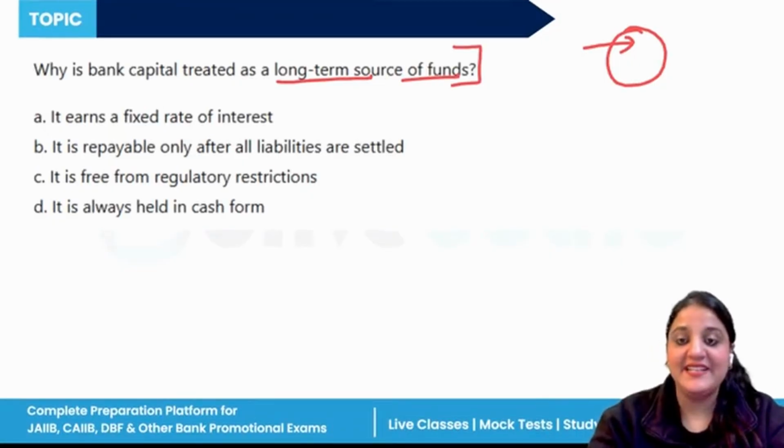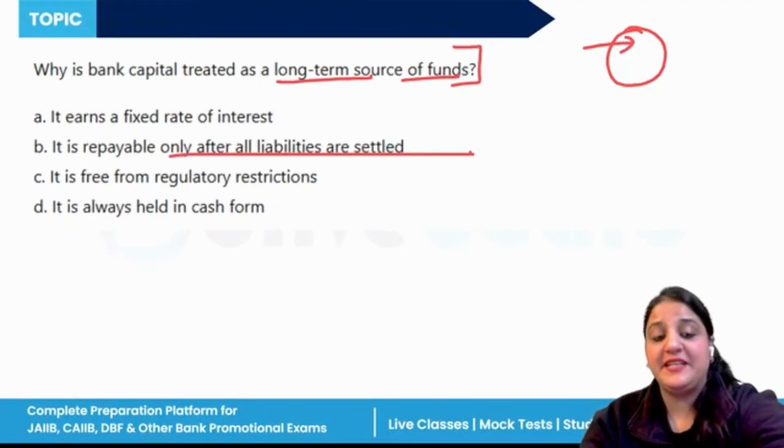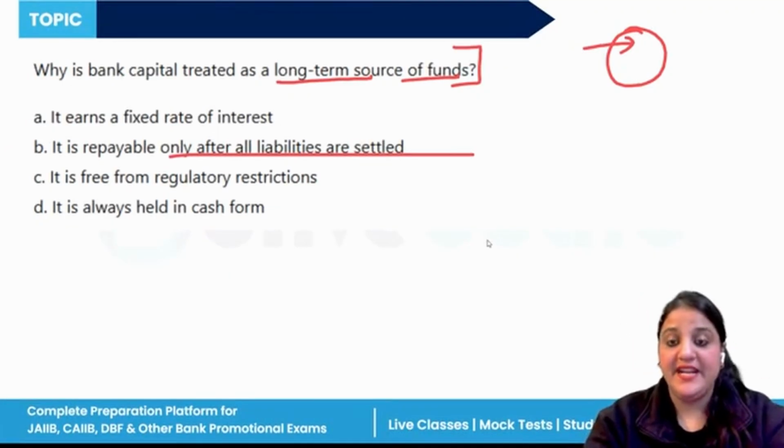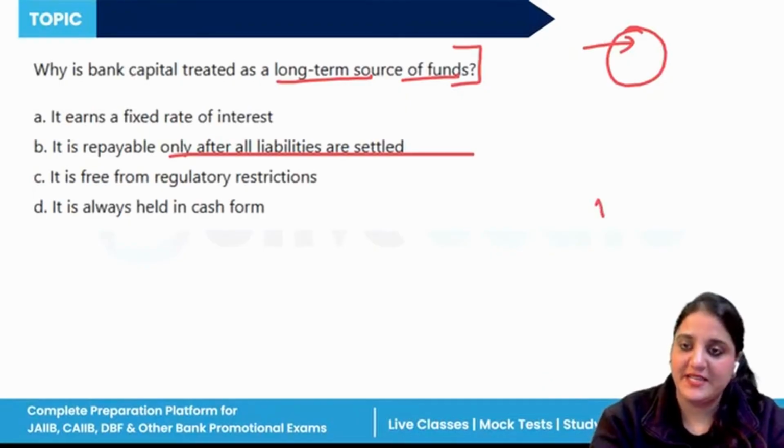Because it is repayable only after all the liabilities are settled. It ranks last in repayment and absorbs the losses, which makes it permanent in nature. So which answer is correct? Here, option B is definitely correct.